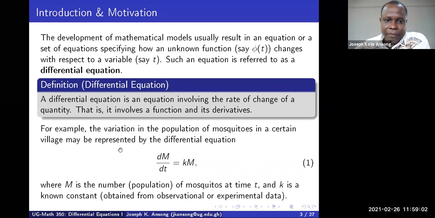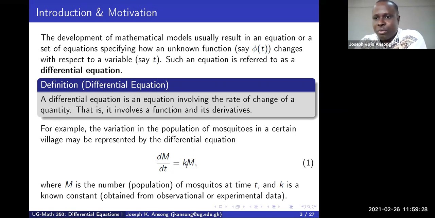Assume that you want to model the population of mosquitoes in a certain village. Then you could represent it by something like this. The change in the population of mosquitoes, let's call it M, with respect to time, is equal to K times M. In other words, we are saying that the rate of change is proportional to the population of mosquitoes, where K is the constant of proportionality.